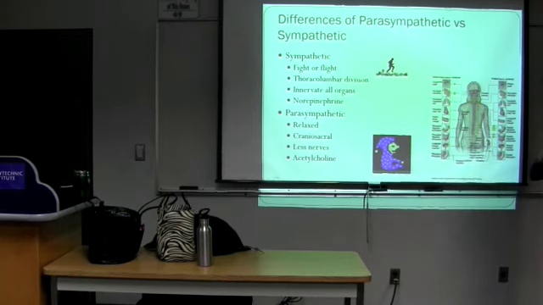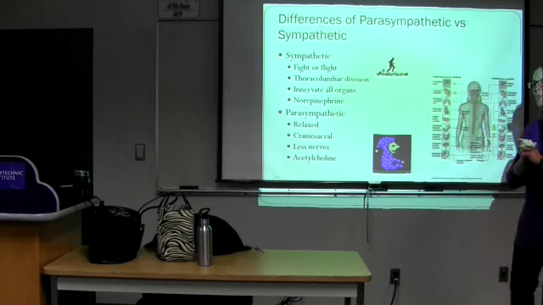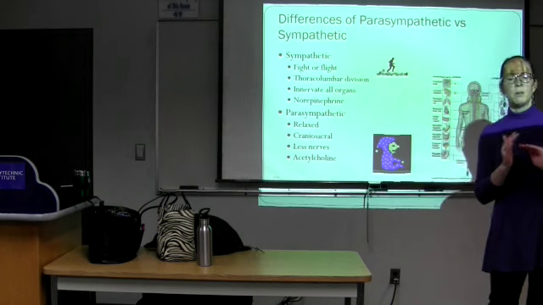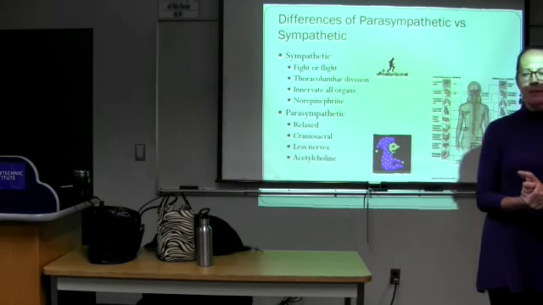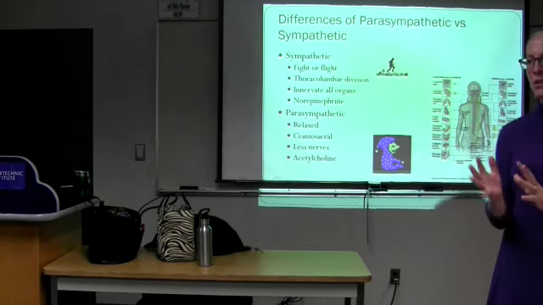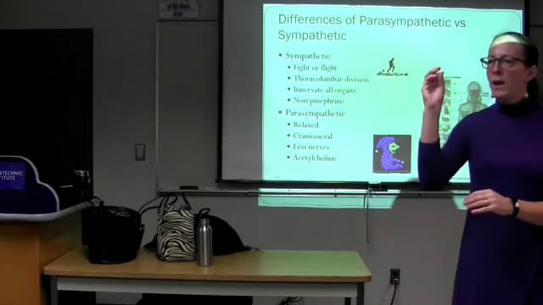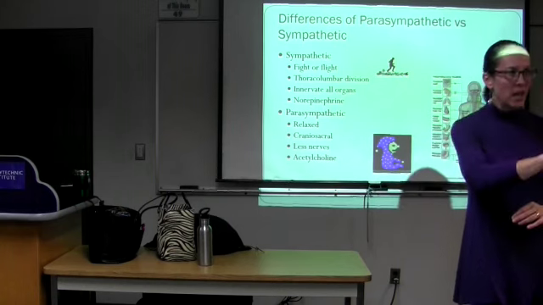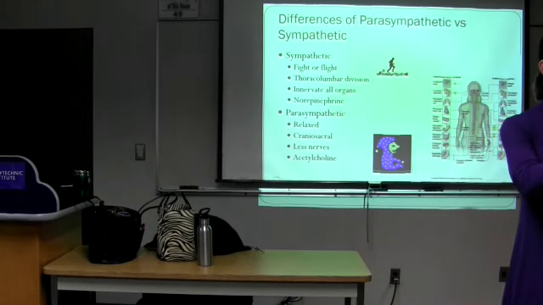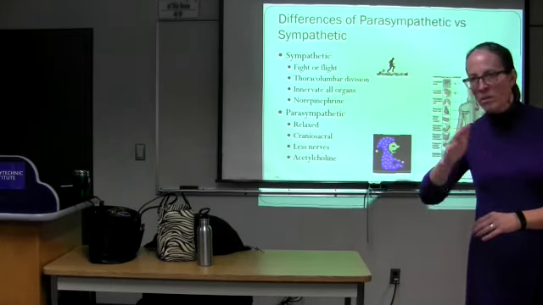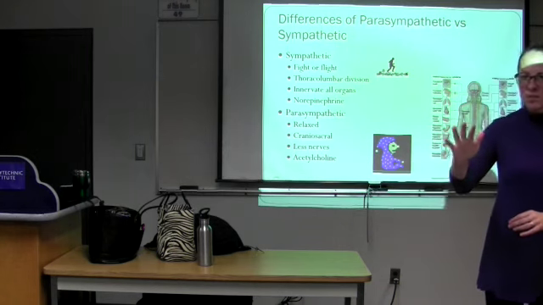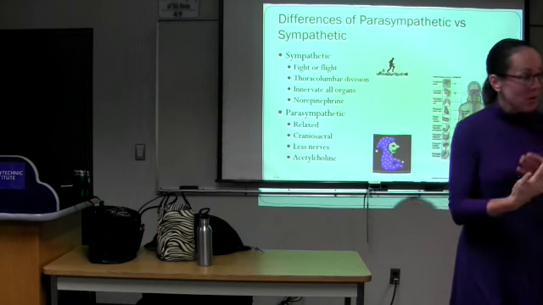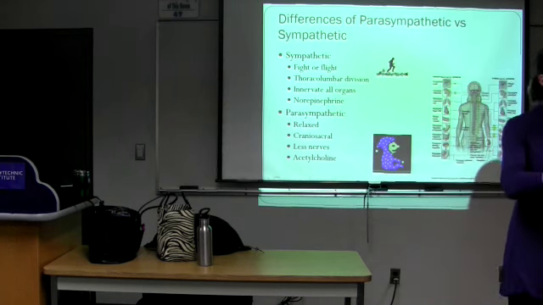Now, there are different neurotransmitters at the end. This is actually a little confusing, and we'll get into where it's confusing in the future. So when your sympathetic nerve goes to whatever organ it's innervating, the sympathetic nerves that go to the heart, the sympathetic nerves that go to the blood vessels, whatever it may be, that neurotransmitter goes from the nerve to the receptor.